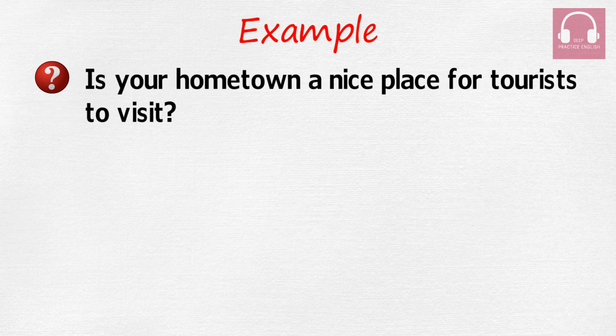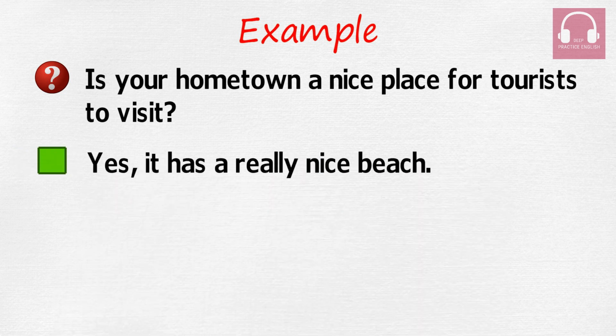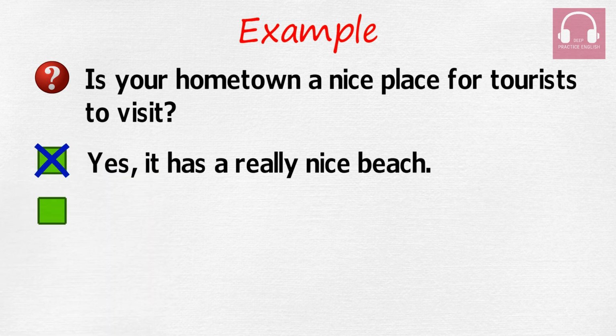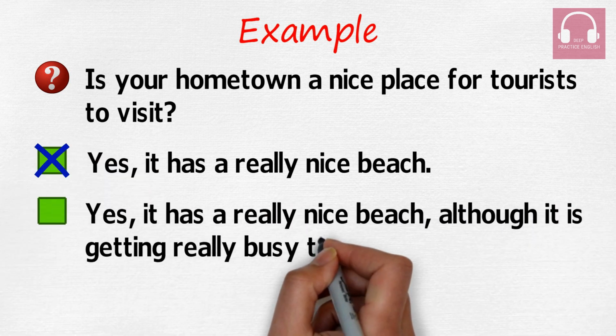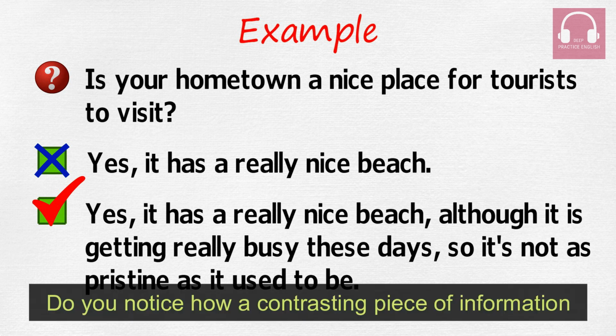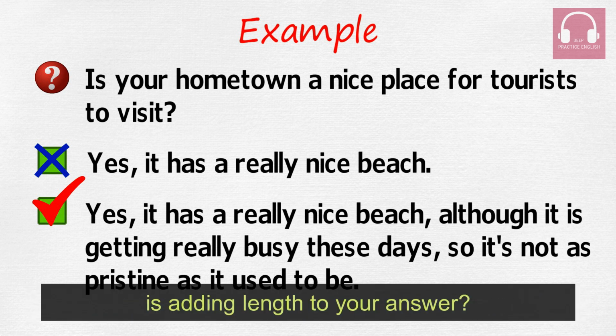Is your hometown a nice place for tourists to visit? A short answer would be, yes, it has a really nice beach. A longer answer can be, yes, it has a really nice beach, although it is getting really busy these days, so it's not as pristine as it used to be. So, do you notice how a contrasting piece of information is adding length to your answer?